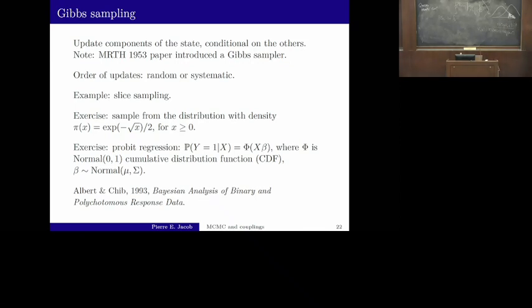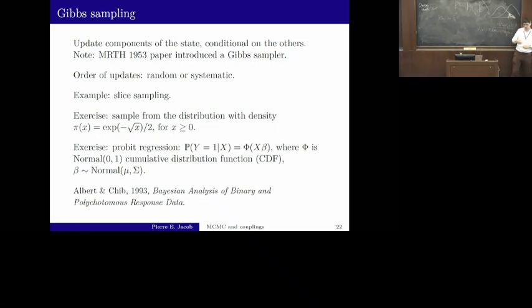And of course, there are a lot of questions now. People are still debating whether you should do a random order of the updates or a systematic order of the updates, for example. Is there a best order of the updates? Of course, it's also not always clear that you should do the same number of updates for each of the components. In the hard disk problem, everything seems symmetric, so why prefer one ball compared to another?